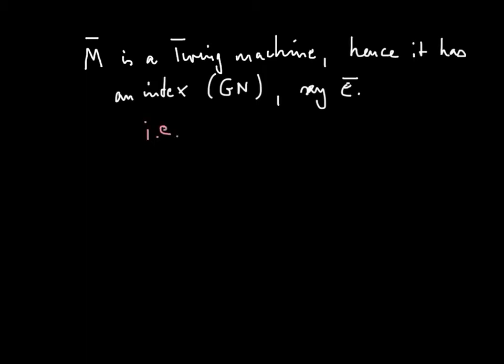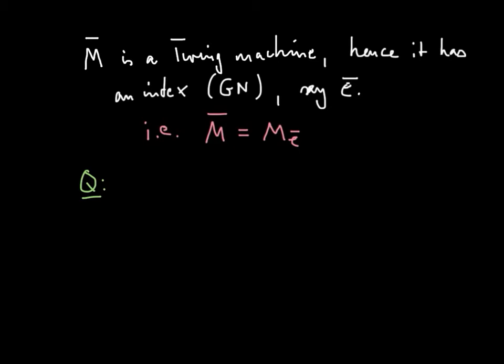So that means m bar is the same as m sub E bar, right? E is just the index of m bar in the listing of all Turing machines. And now we ask, well, this is an index, right?